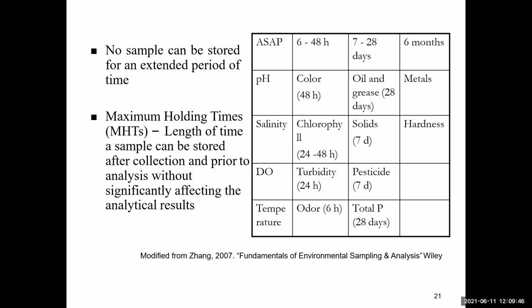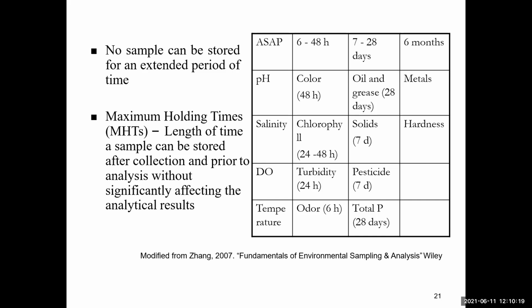And the three time ranges are given: 6 to 48 hours, then 7 to 28 days. Okay, the pH value is 48 hours, oil and grease 28 days, and metal 6 months.